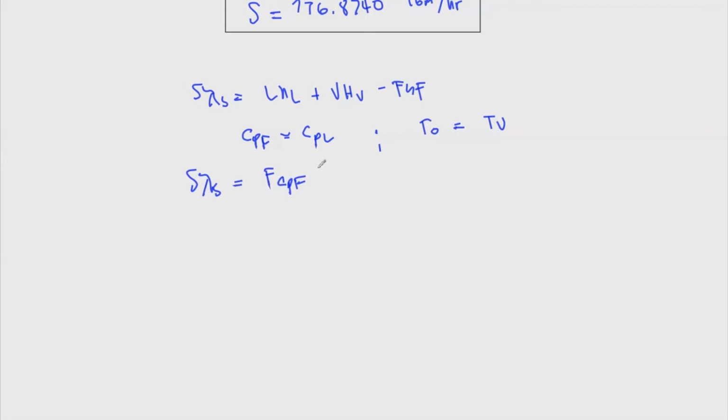So we have CPF times T sub L minus T sub F, and then we add the vapor, and in this case, since we should be using lambda V, we should be adding lambda V, and then we need to add the specific heat capacity of the vapor, accounting the boiling point rise again.